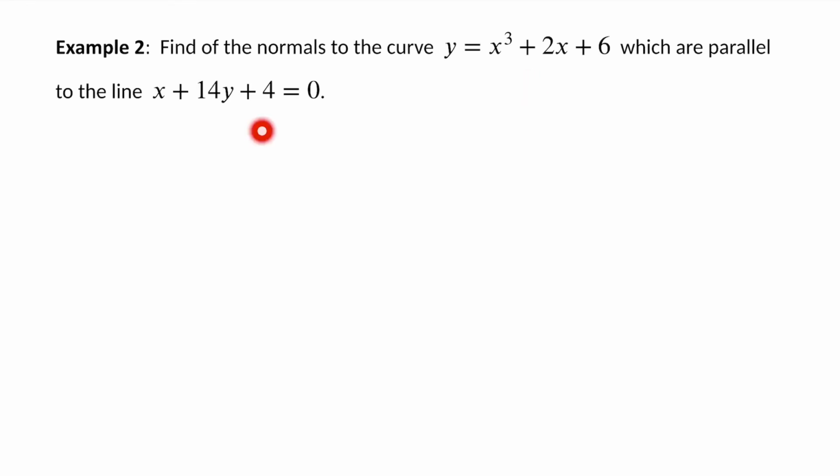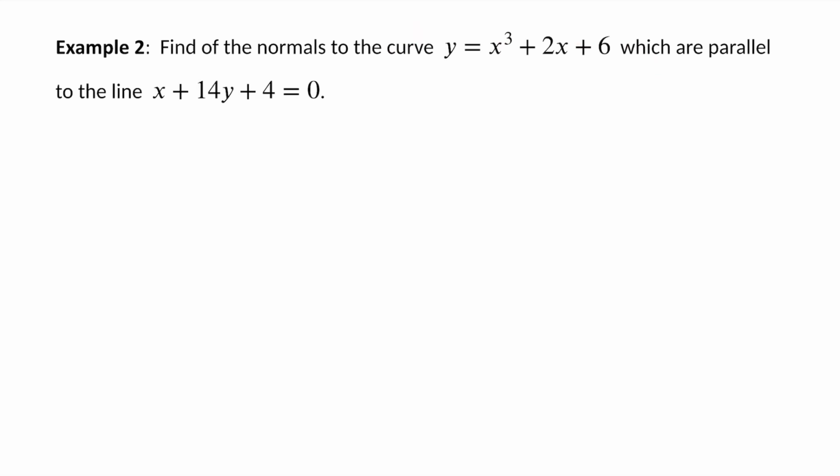So here it's given that the normals are parallel to this straight line, right? So it's possible that there might be more than one normal parallel to this straight line, or there may not be any normal, right? Because you may have some complicated shape of the curve.